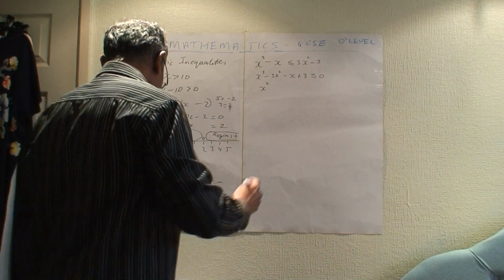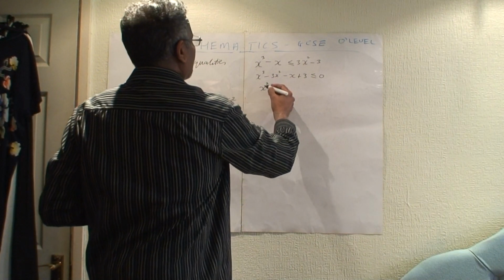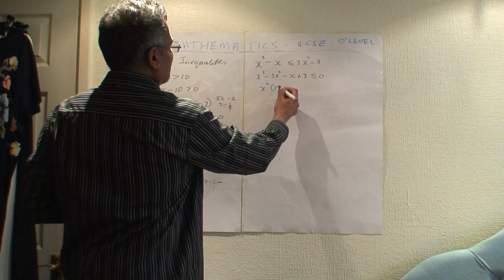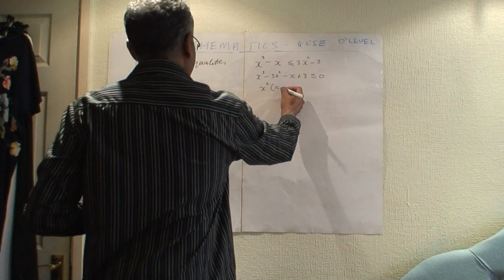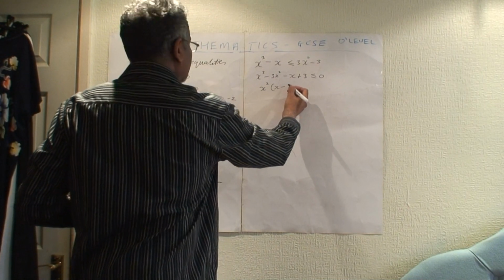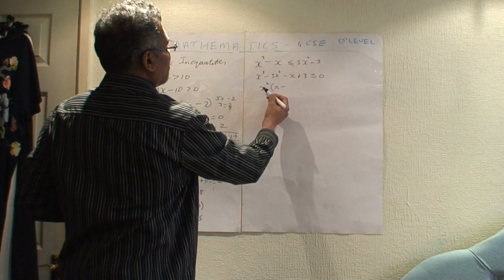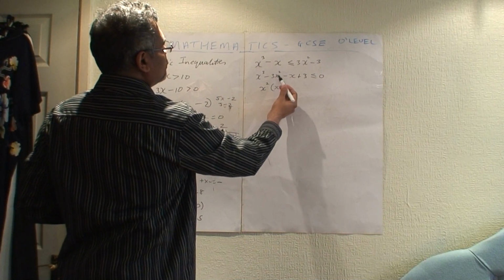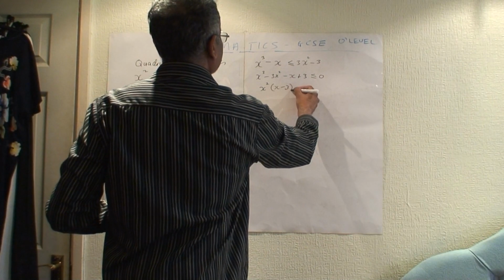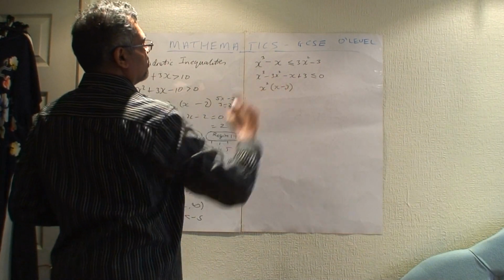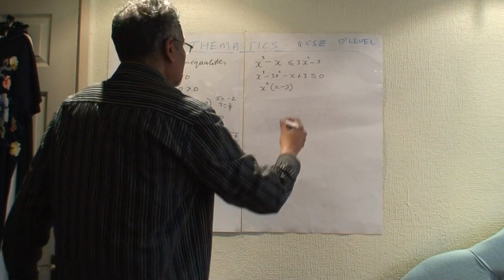So we factorize: x multiplied by x squared gives us x cubed, and then minus, x squared into 3x squared is 3.